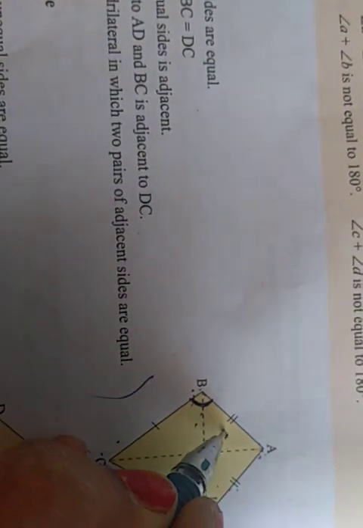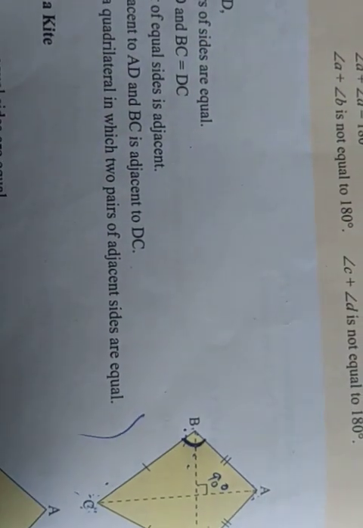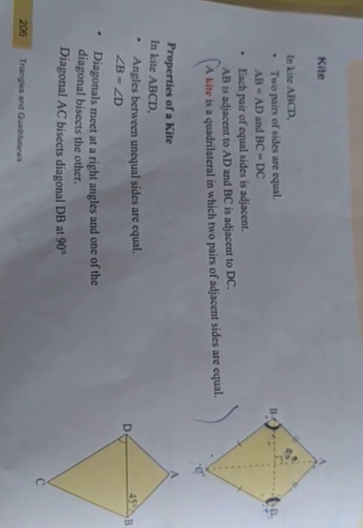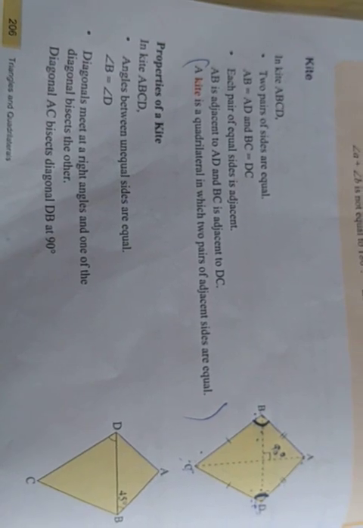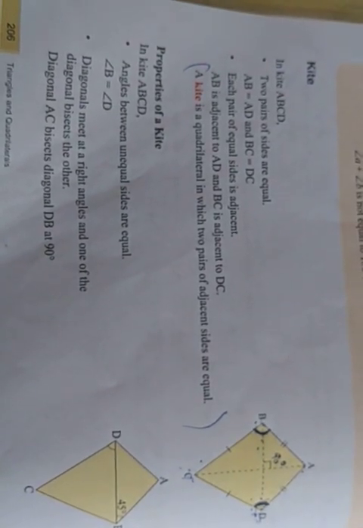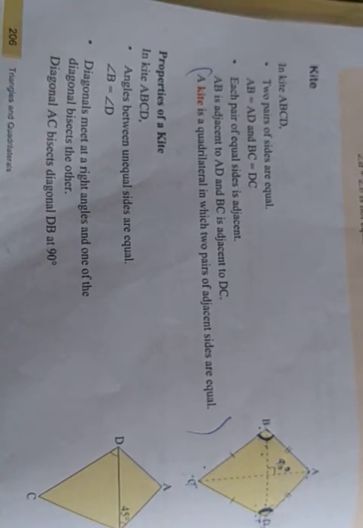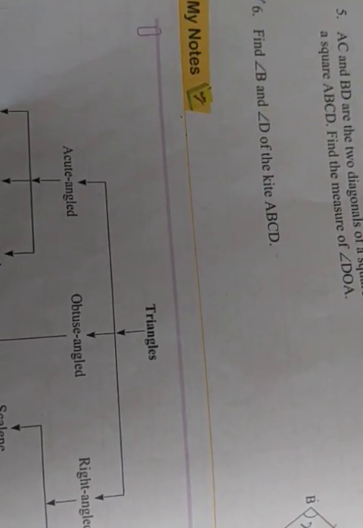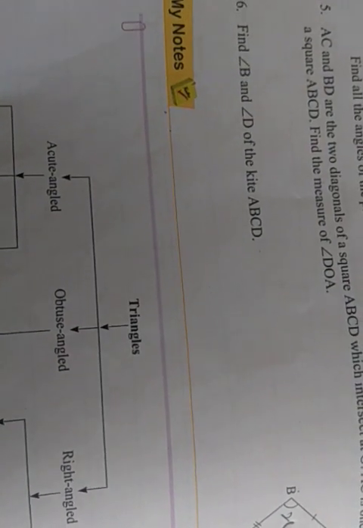So these are the properties of a kite. You will learn these. So let's try to solve one of the questions based on kite. Let's take question number 6 of exercise 11.2.